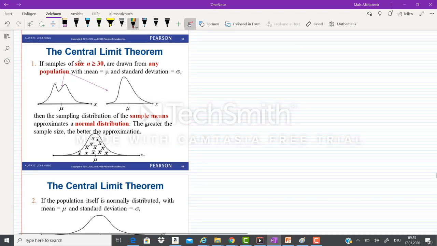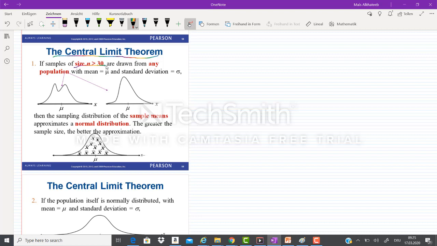The main thing in the central limit theorem is that it has two different cases. The first case is if the sample size is bigger than 30.